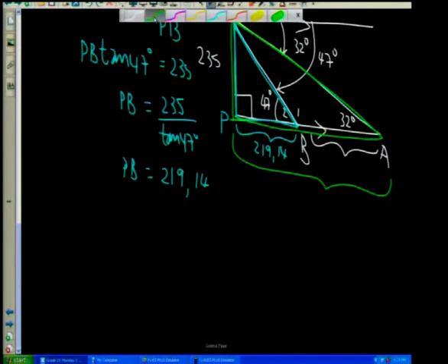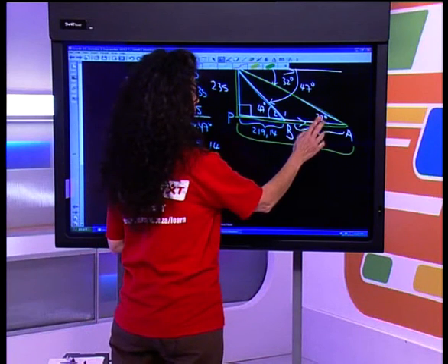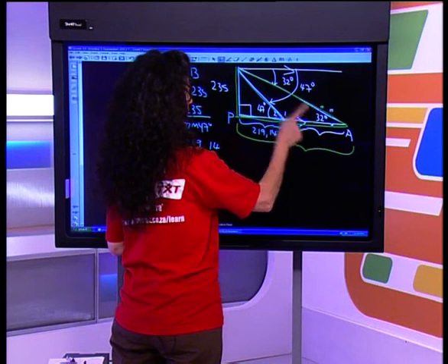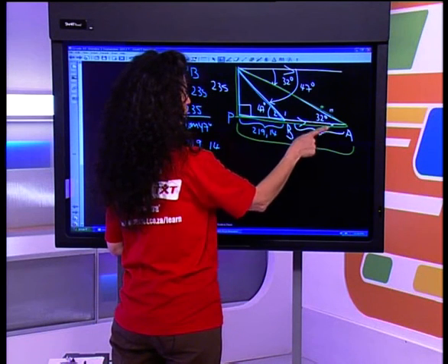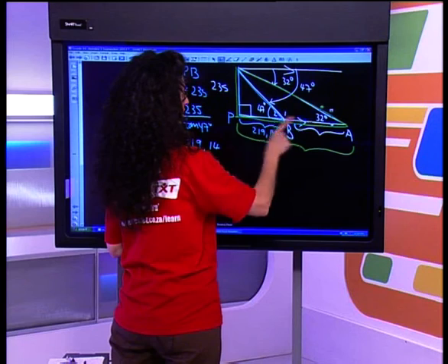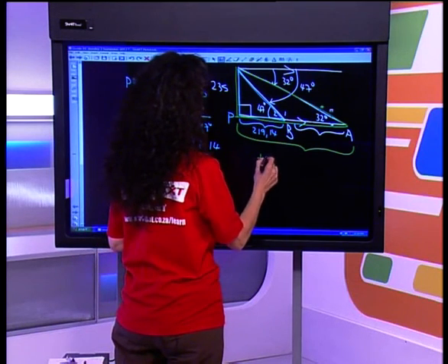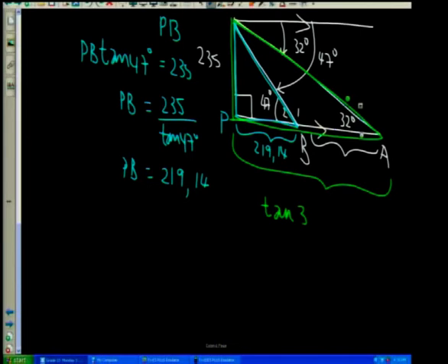With 32, always find your position of the angle. I'm sitting at 32. What do I want to find? My adjacent. What have I got? My opposite. Which ratio connects adjacent and opposite? It is my tan ratio. So tan of 32 is opposite divided by AP.